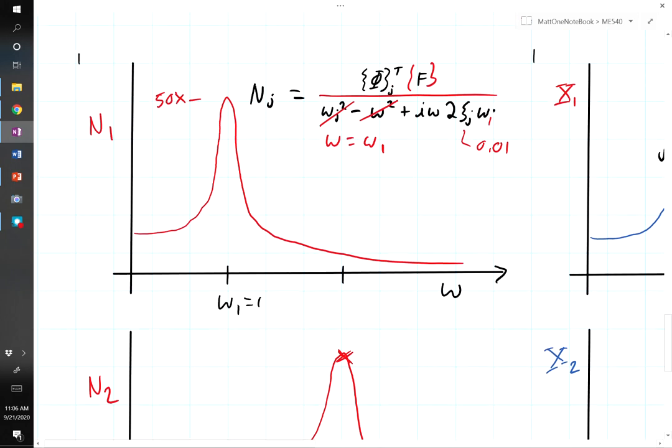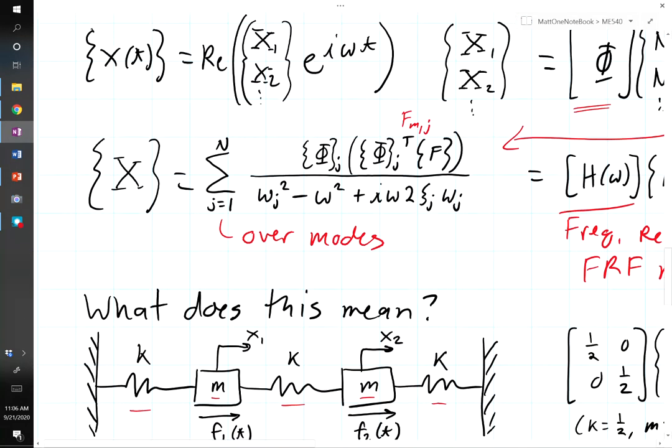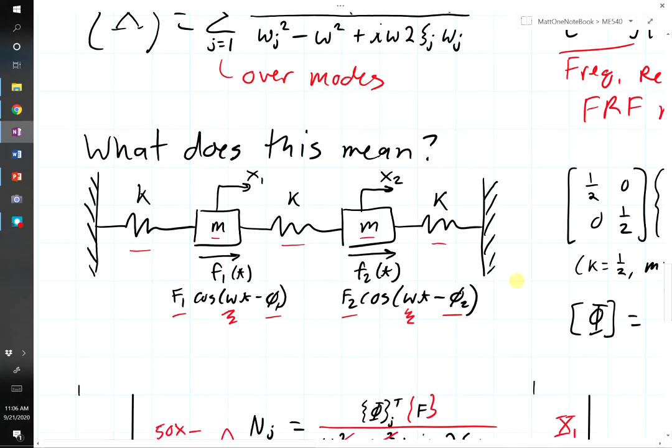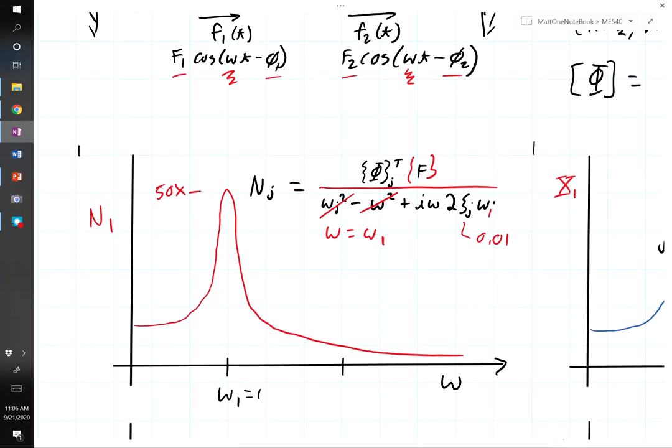Now look what happens though when we put that back together. We're going to multiply each of those quantities by the mode shape. So say we take this and we multiply here by 1, 1, by the first mode, right?